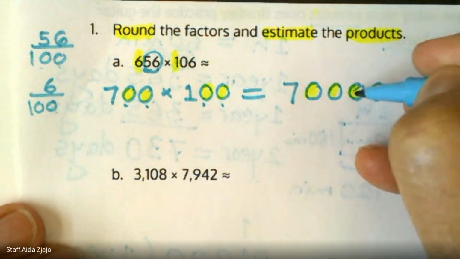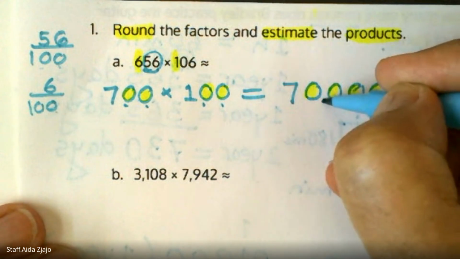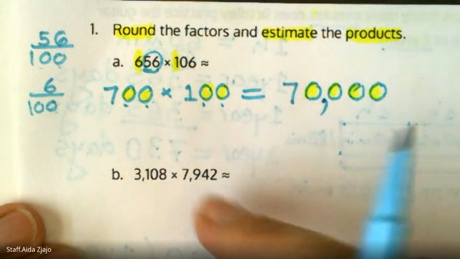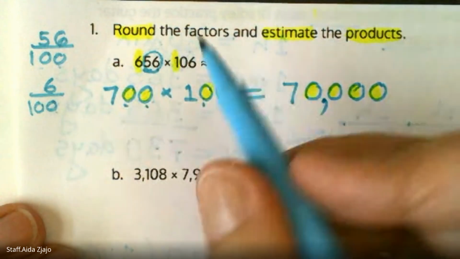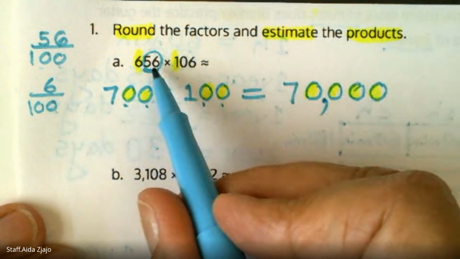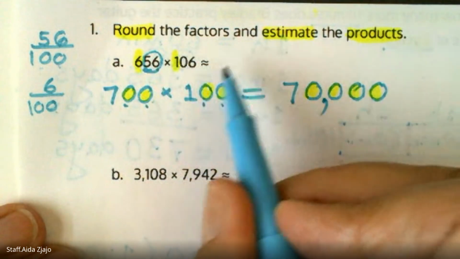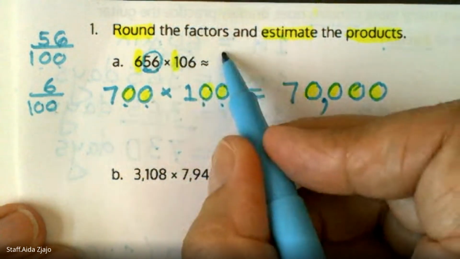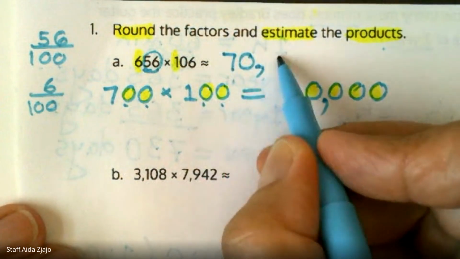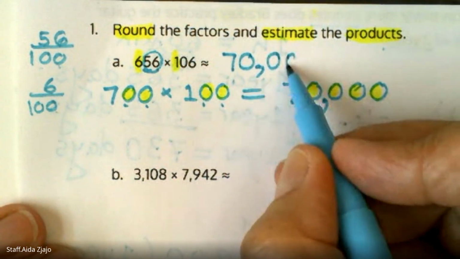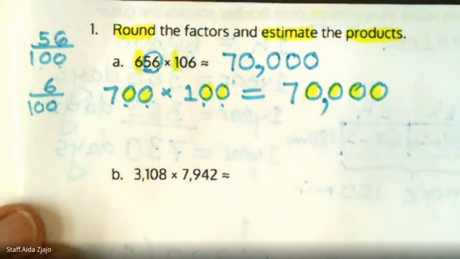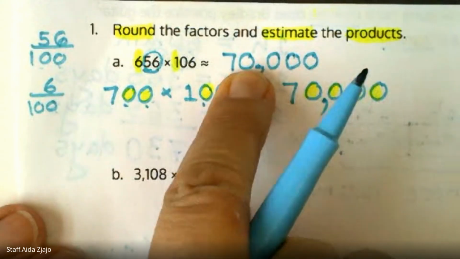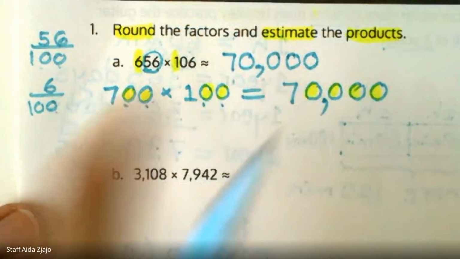Sorry, 1, 2, 3. Those are ones, and then comma. So my estimate that 656 times 106 is going to be about 70,000, and if I need to pick an answer, I will pick the answer that is closest to this value.